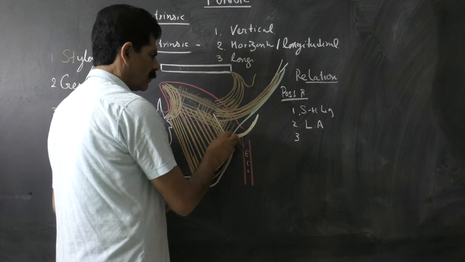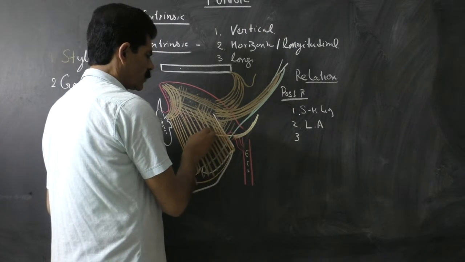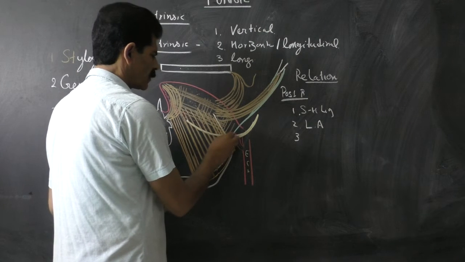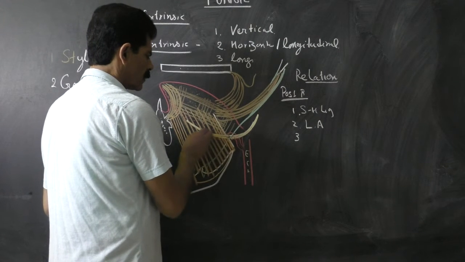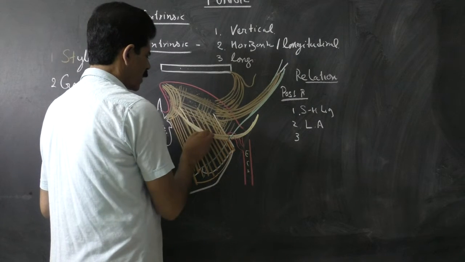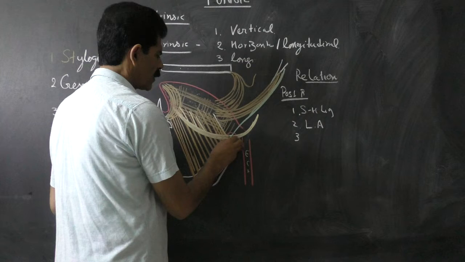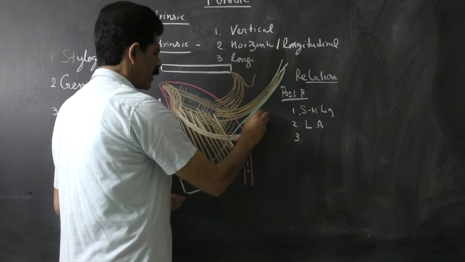It crosses the first loop, then runs on the superficial surface of the tongue and supplies all the muscles of the tongue except the palatoglossus. So this is the last cranial nerve, that is called the hypoglossal nerve.